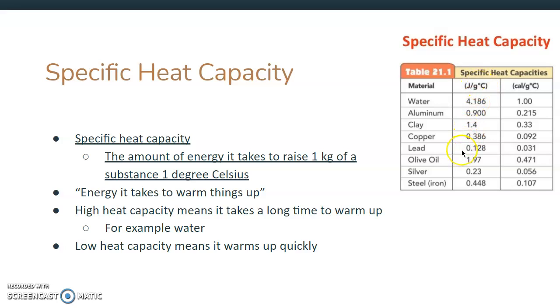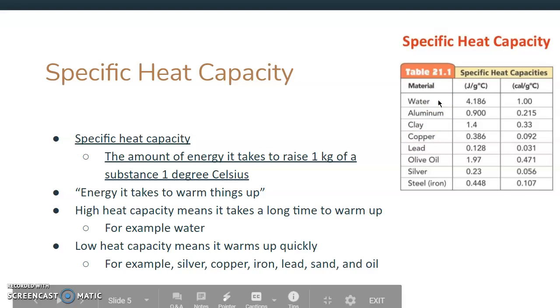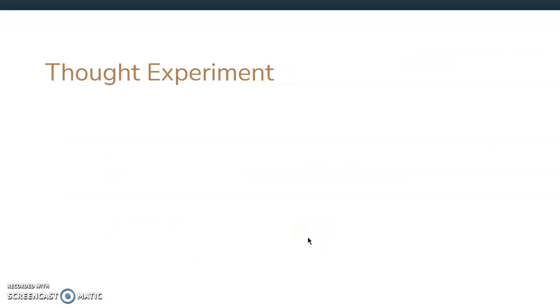So maybe we just have to put it on the stove, I think, for maybe even 10 seconds, and it will raise the temperature really quickly. We have lots of examples. Our table shows silver, copper, iron, lead, but we've also talked about sand and then oil as well. These all warm up very quickly.